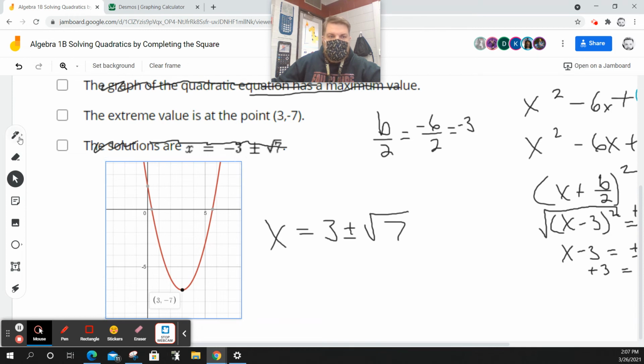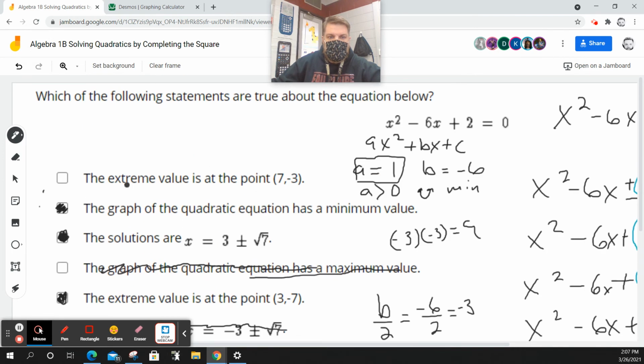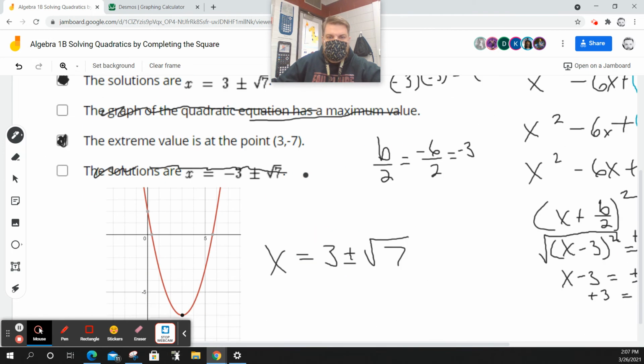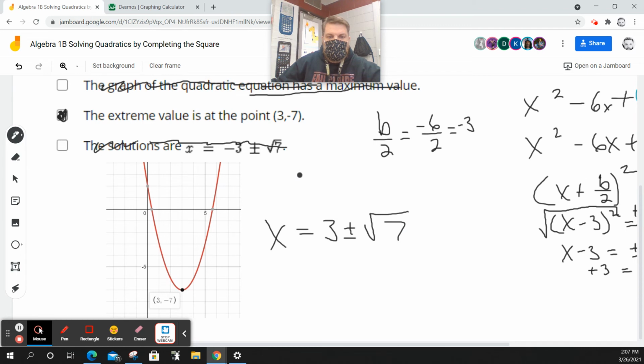Well, we know that the extreme value exists at 3, negative 7, right? And not 7, negative 3. But what does it mean by extreme value? Well, it's the minimum. It's a minimum because it is the minimum value for y. Is there going to be a y value lower than this? No.